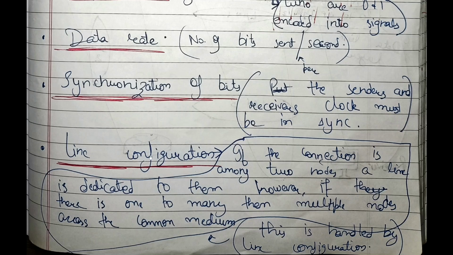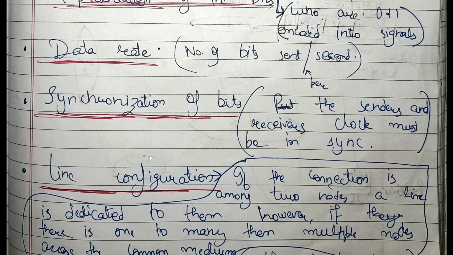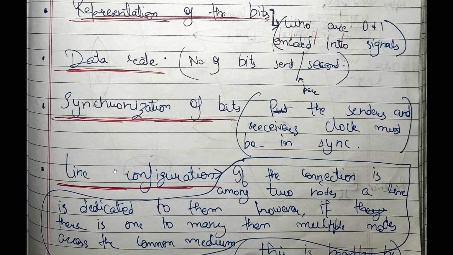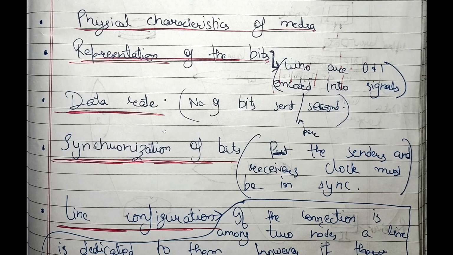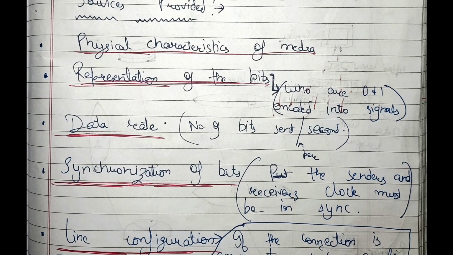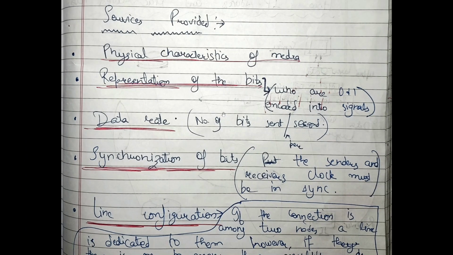Then line configuration. If the connection is between two nodes, a line is dedicated to them. However, if it is one to many, then multiple nodes access the common medium. So suppose there is just one computer to one computer, then line configuration has no problem, because the connection is just between two nodes.